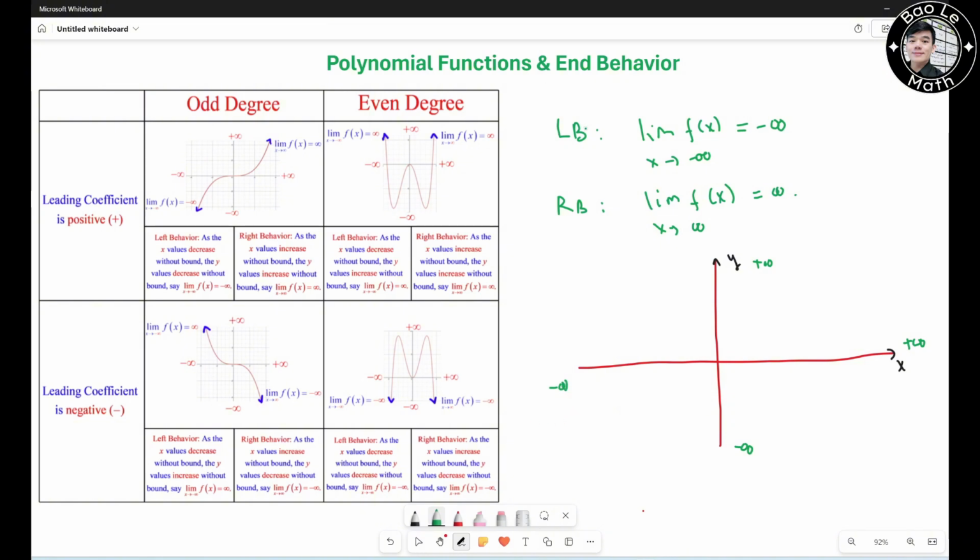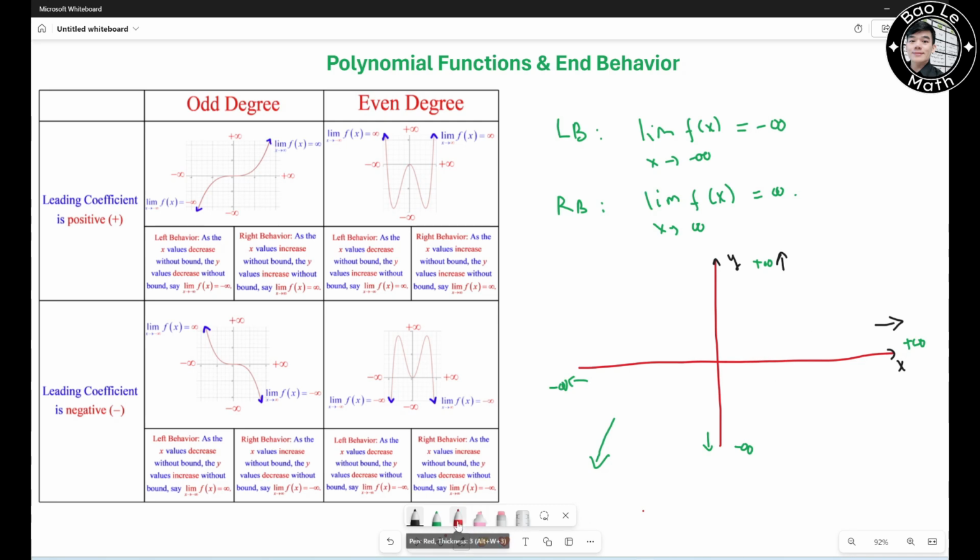Alright, so you look at the left behavior right here. When s approaches negative infinity, the function going down negative infinity. So the function should be something like this right here, right? Because this is negative infinity and this guy negative infinity, right? Limit of the function f when s approaches positive infinity, the function approaches positive infinity, right?